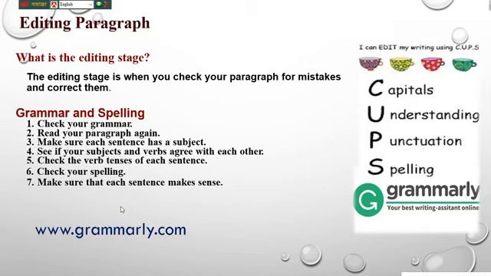And make sure that each sentence makes sense. That is also very important. You may have given a lot of information in your paragraph, but if it does not make any sense, it's not a good paragraph.